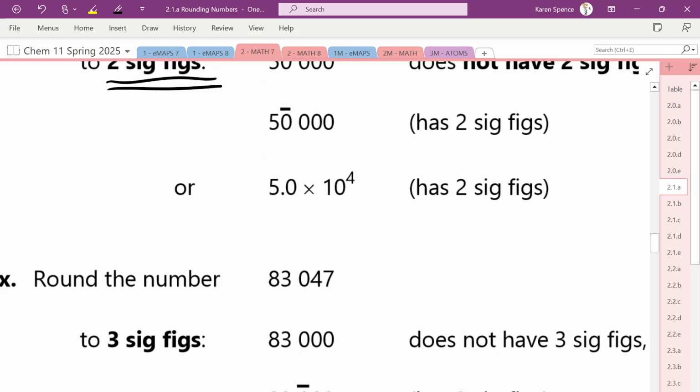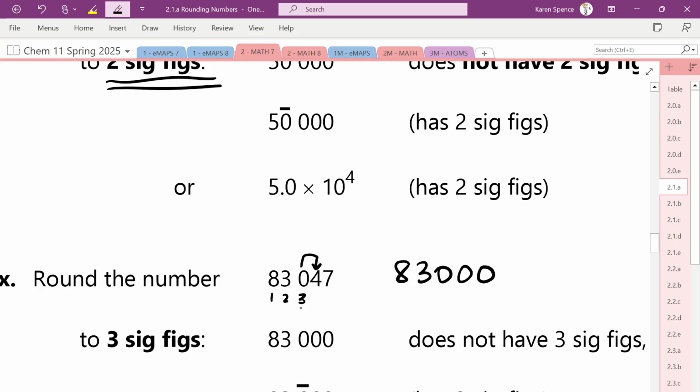Round this number to 3 sig figs. So we have 1, 2, 3. So we look to the right, that is a 4. So we will get 83,000. But we were asked to round to 3 sig figs.